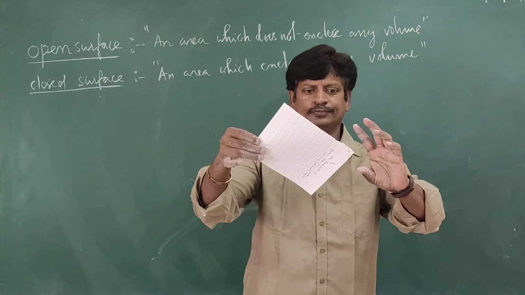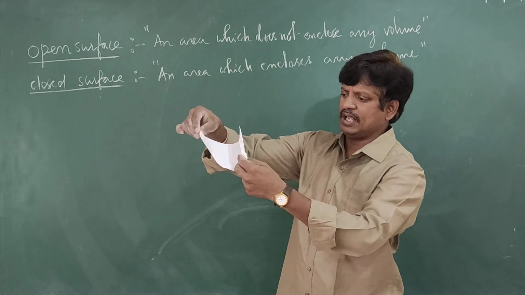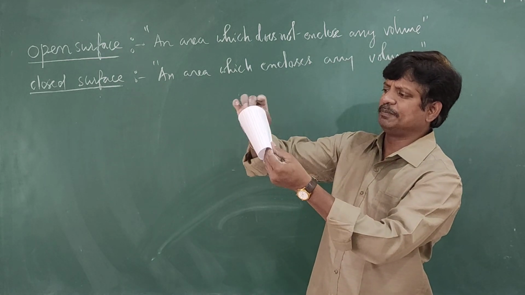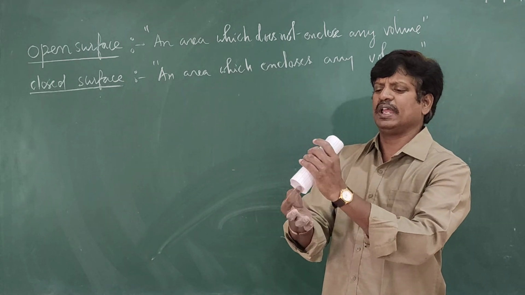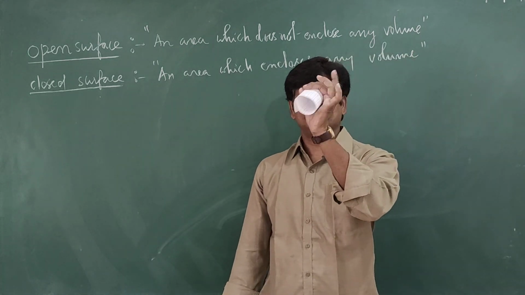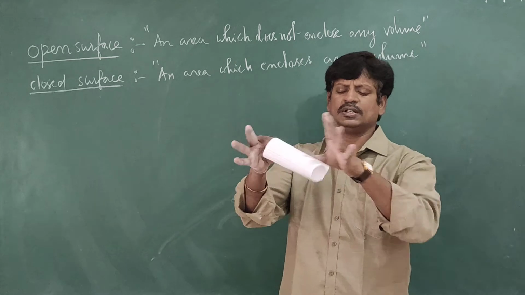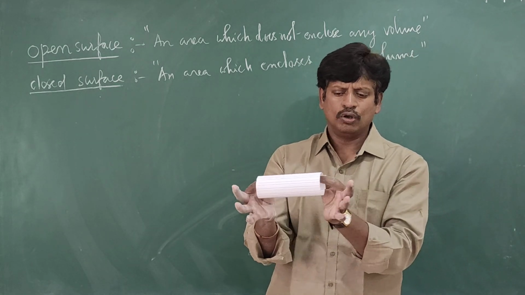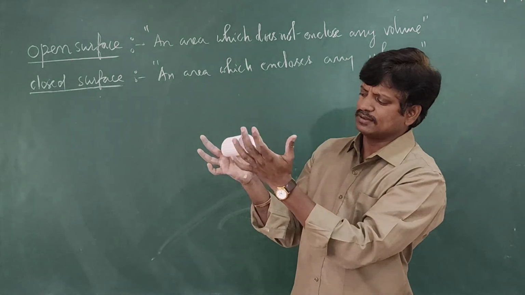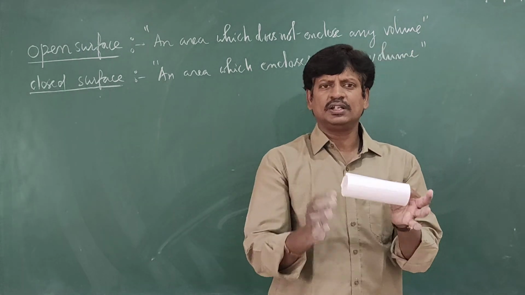Open surface. Okay, see carefully. I am converting this paper into a hollow cylinder, as you can see now, right? Does it enclose any volume? No, because this side it is open, this side it is open.